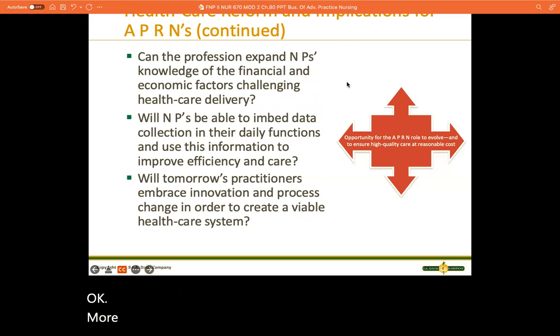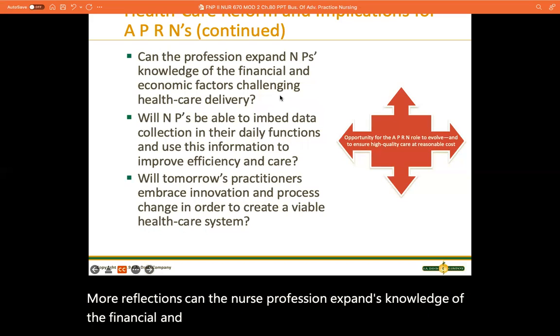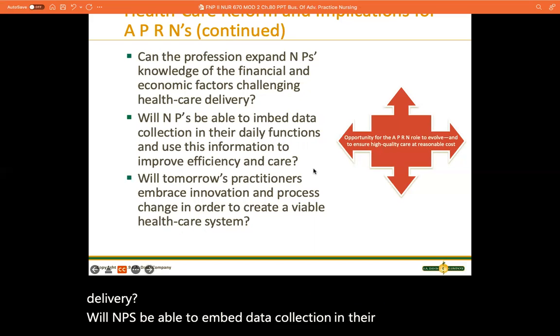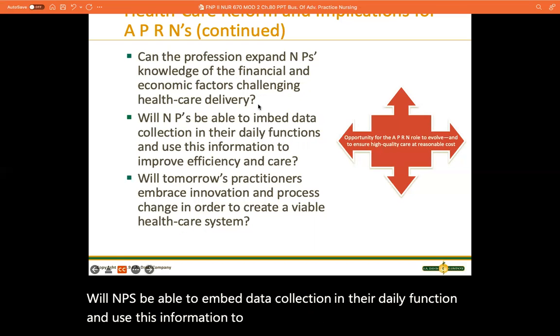Can the profession expand NPs' knowledge of the financial and economic factors challenging healthcare delivery? Will NPs be able to embed data collection in their daily function and use this information to improve efficacy and care? So that's an interesting question. And what exactly does that mean?